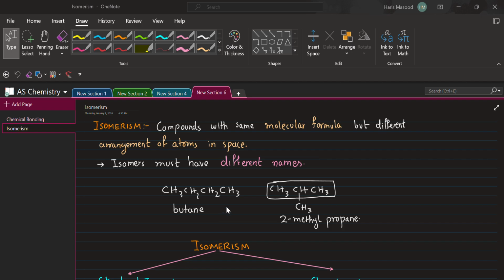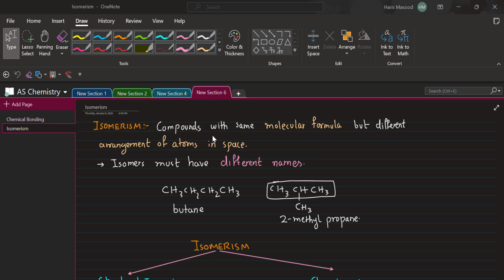So what is isomerism? Do you remember we have studied that in our previous classes in O levels as well, a little bit of the concept? Yes, different structural formula. That was the definition in O levels, because there was not much detail about isomerism.